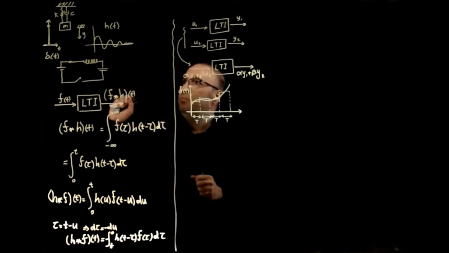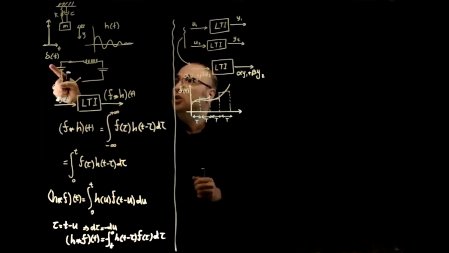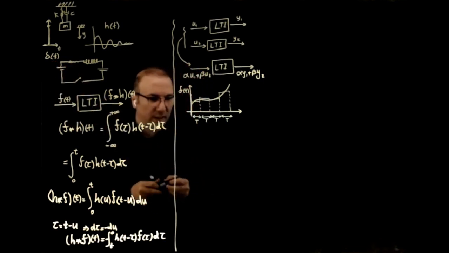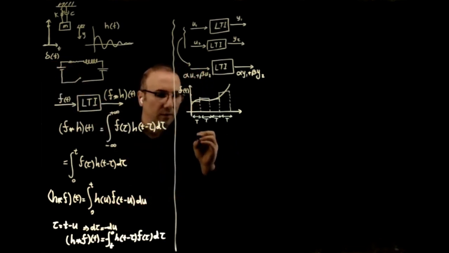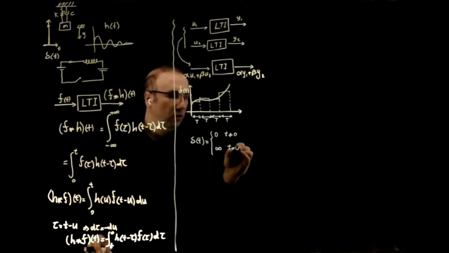By the way, let's talk about the delta function as well. The delta function, which is not in fact a function, is defined as this. It equals 0 when t is not 0, and it equals infinity when t is 0.